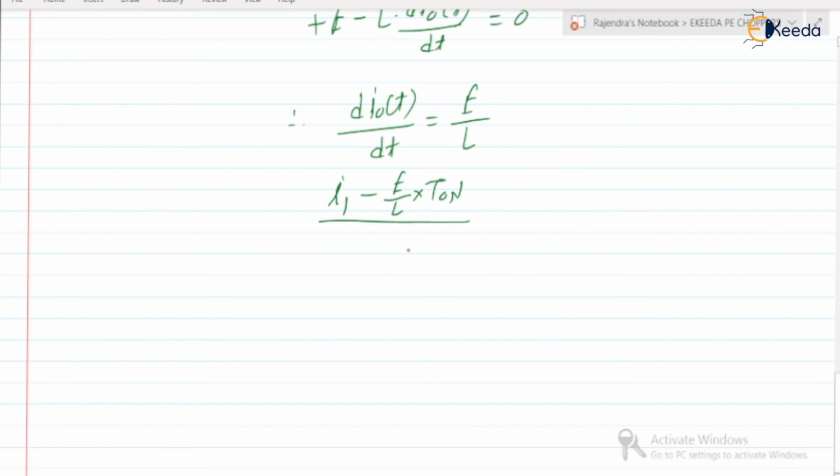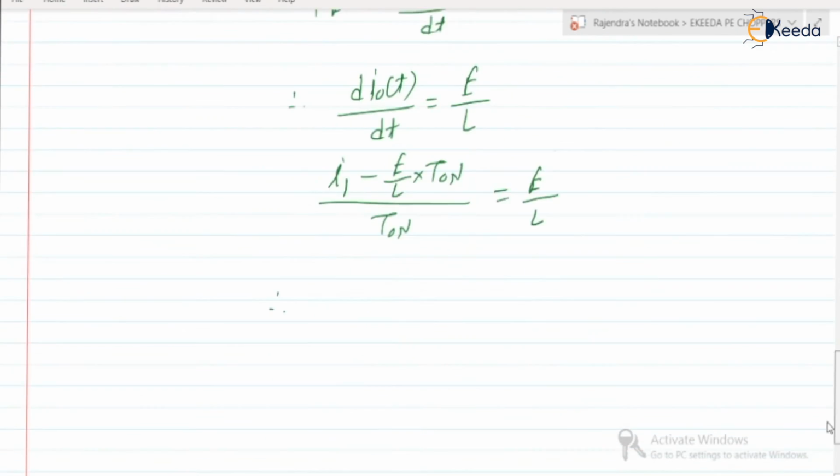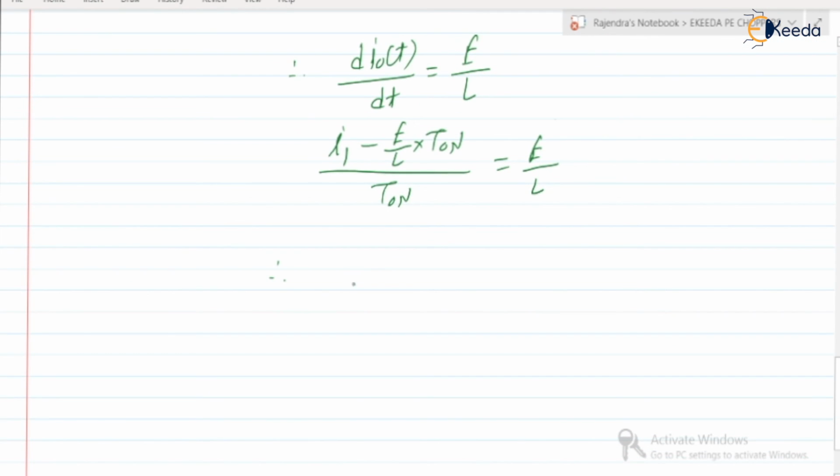It is T plus T on minus T, so it is T on only, equal to E by L. Therefore E by L into T on. So from this, if you further simplify, putting this E by L into T on on this side, I1 is equal to 2 into E by L into T on, right?